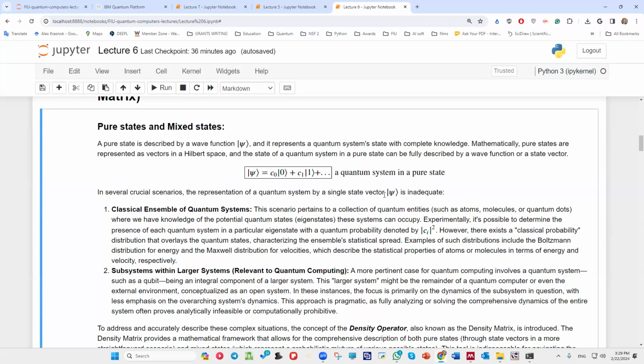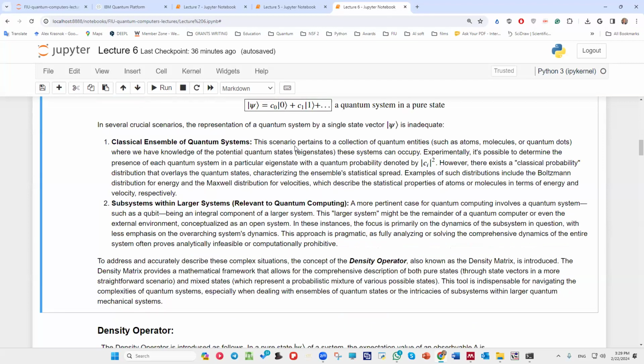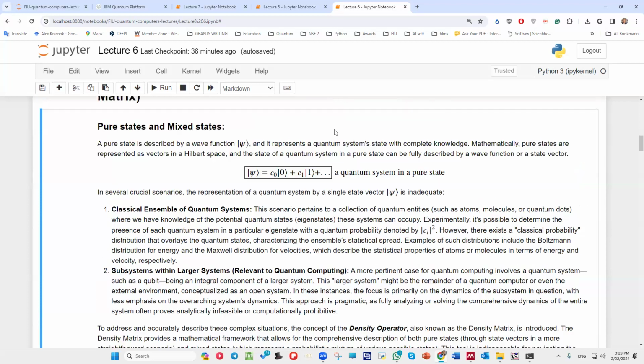In fact, a system like a quantum computer cannot be represented by this expression here. And when a system cannot be represented by this expression, we say that the system is in a mixed state.